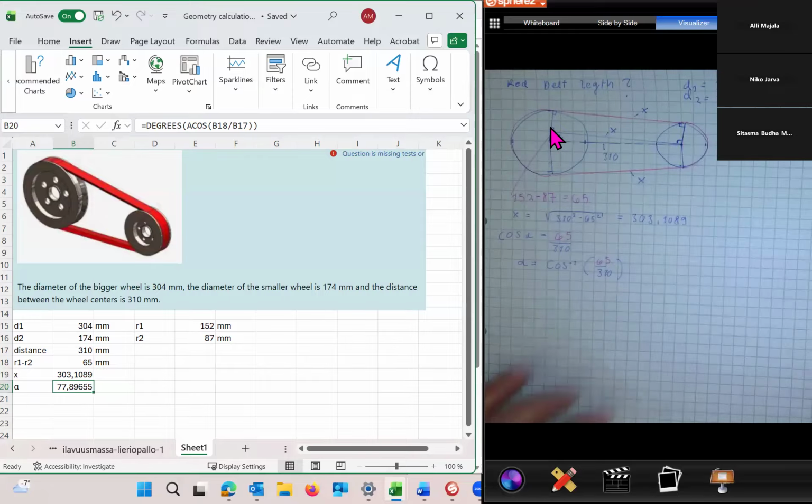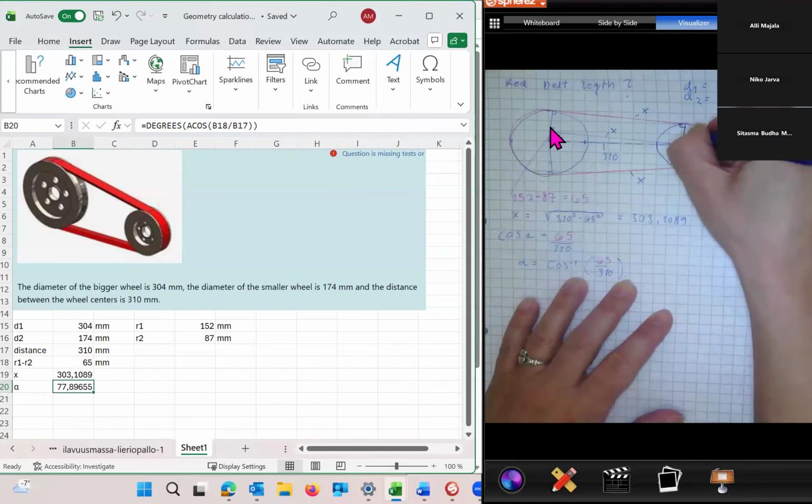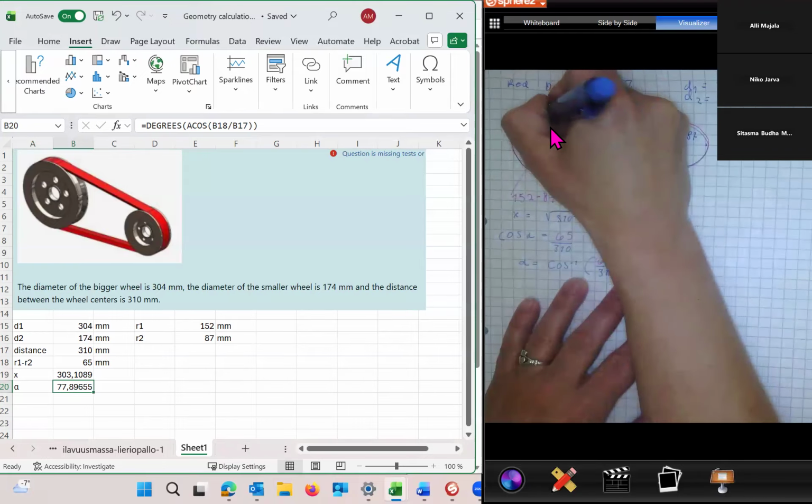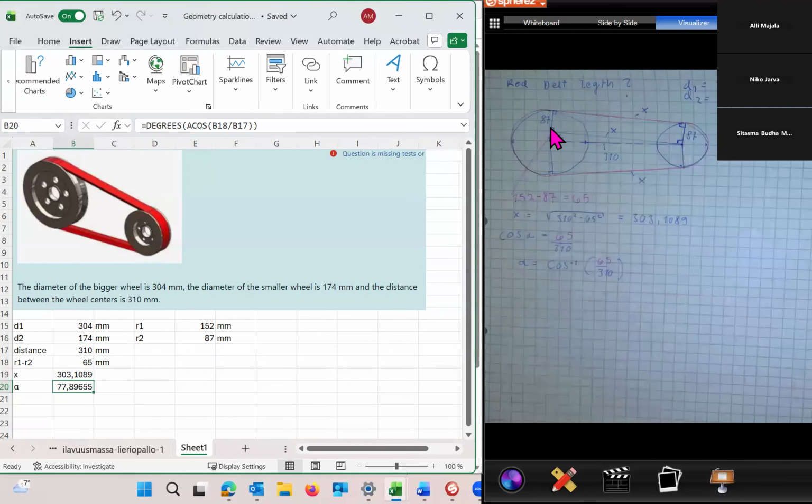Here in my picture, this would be the 87, and here it would also be 87. And then I knew also that the whole radius was 152. So if I subtract the 87 from the 152, I get 65. And now I know that these angles are straight, I can calculate.